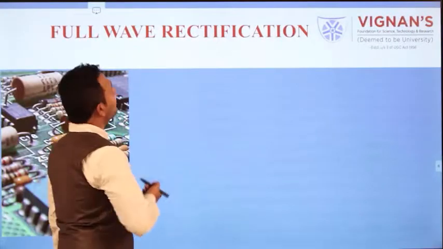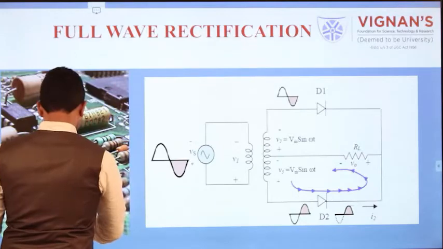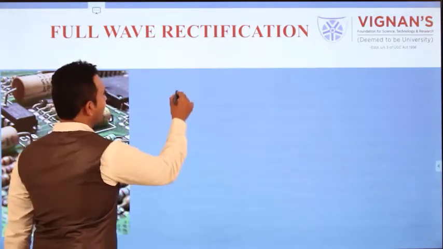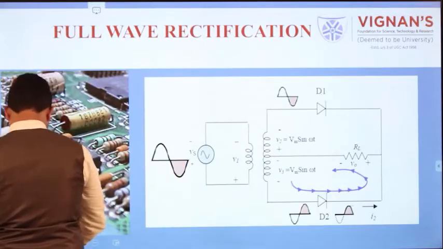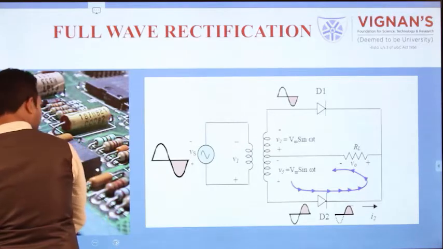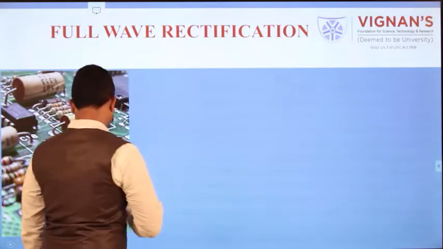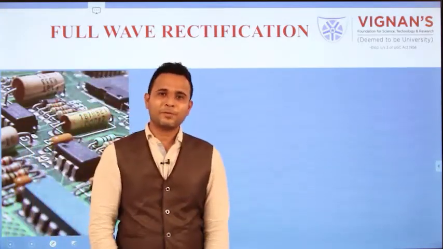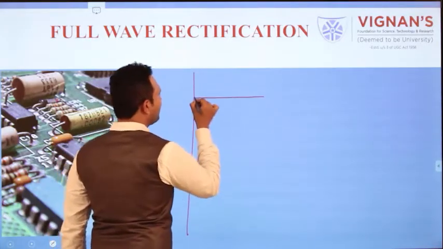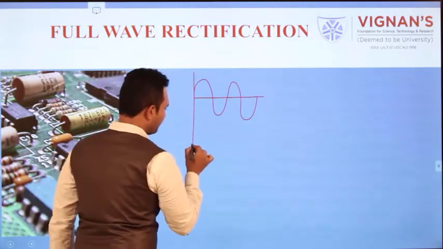Coming to the waveforms of the full wave rectifier. For the full wave rectifier, on the secondary side we have two inputs.